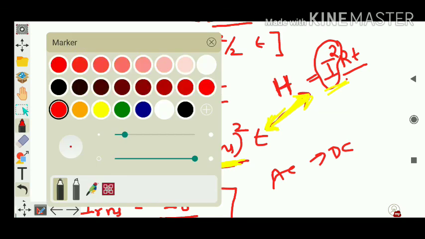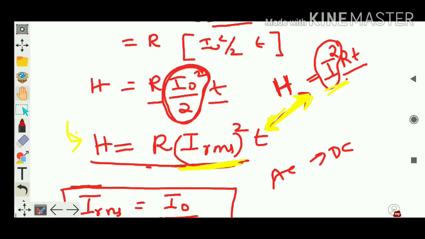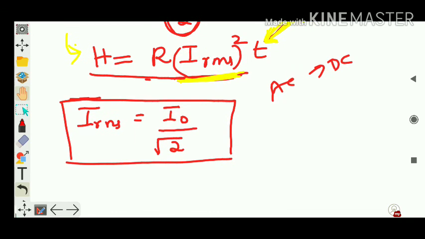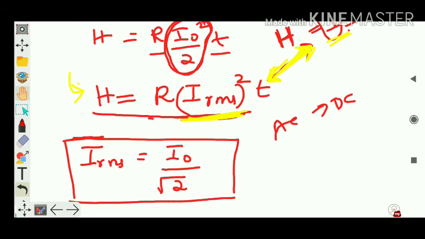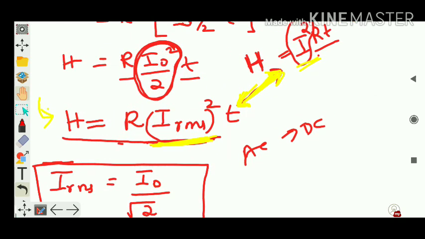Listen to it properly, guys. So I can easily say that this IRMS current is quite similar to the basic current of a DC supply.